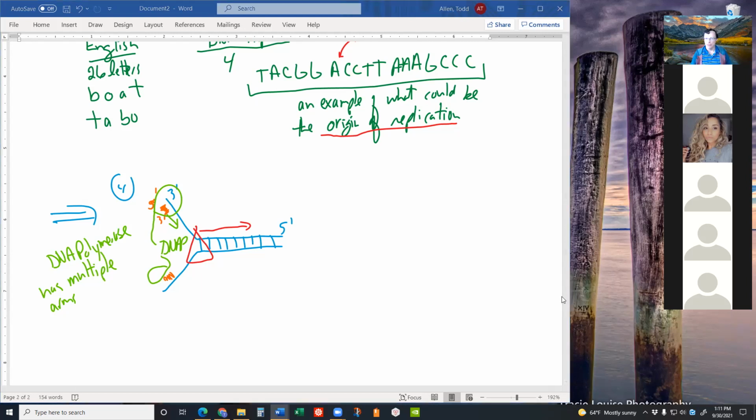Let me ask you, in figure 8.5, how many DNA polymerase molecules are shown?